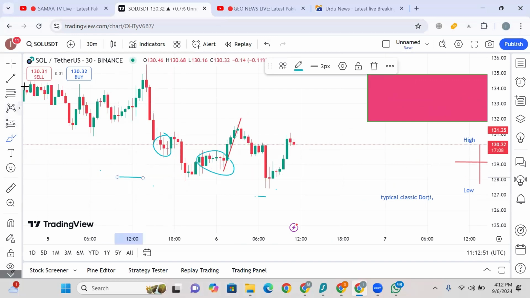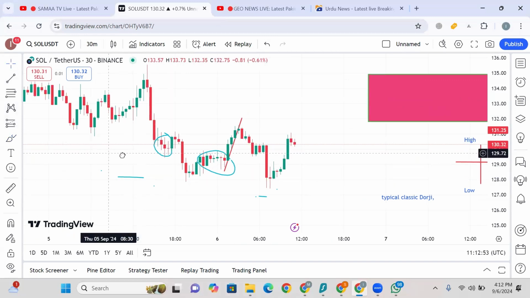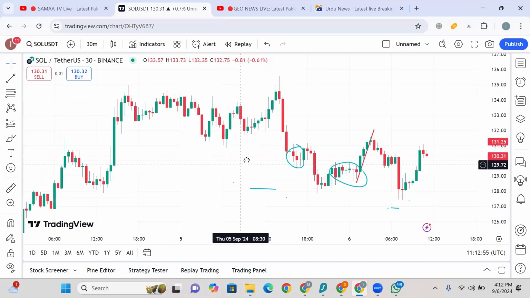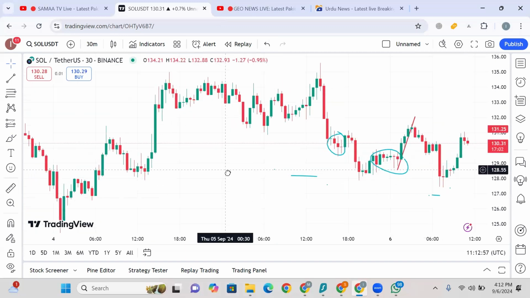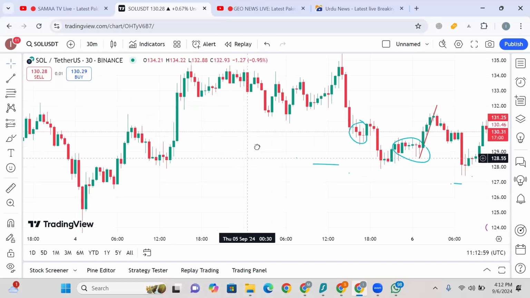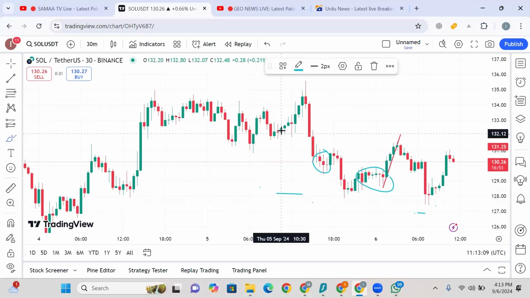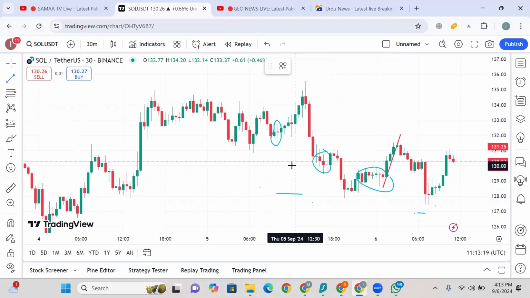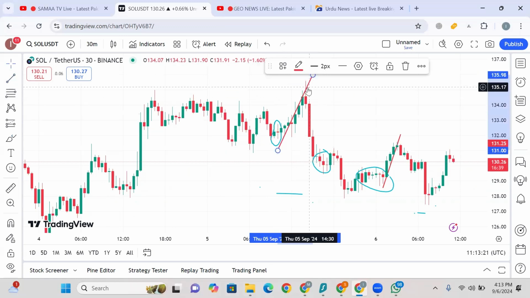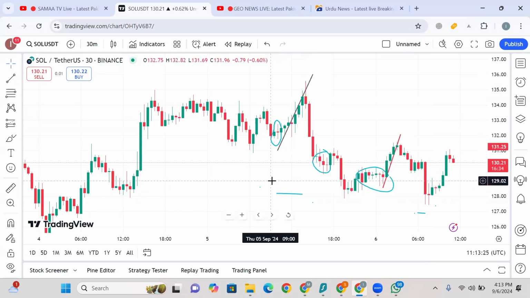Let's see another example of a doji candle. This candle is a doji candle, tug of war between buyers and sellers, price closed at a very minor point, and now the market is upward as the buyers dominate the market.